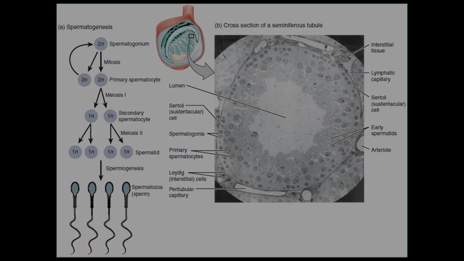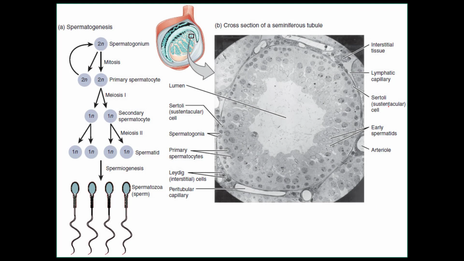Now let us summarize the entire process of gametogenesis in male, or spermatogenesis. At the beginning we had the spermatogonium that is diploid in nature, which underwent mitotic cell division to increase the number. Some of these acted as the primary spermatocytes and underwent meiosis 1 to give us the haploid, 1n, secondary spermatocytes.